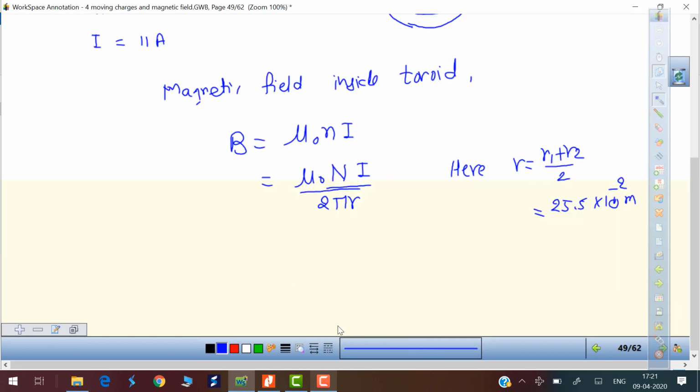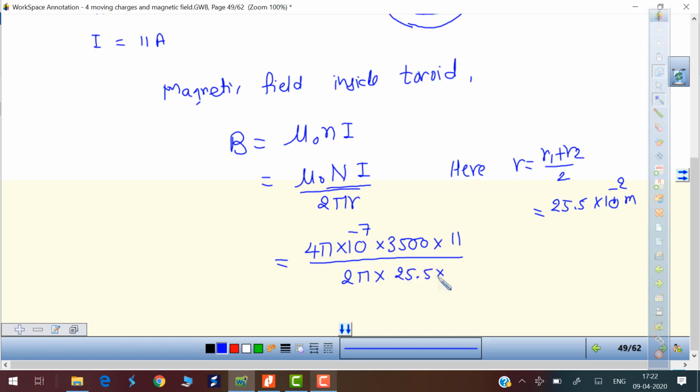Mu 0 is 4 pi into 10 raised to minus 7, number of turns 3500, current 11, divided by 2 pi into radius 25.5 into 10 raised to minus 2.